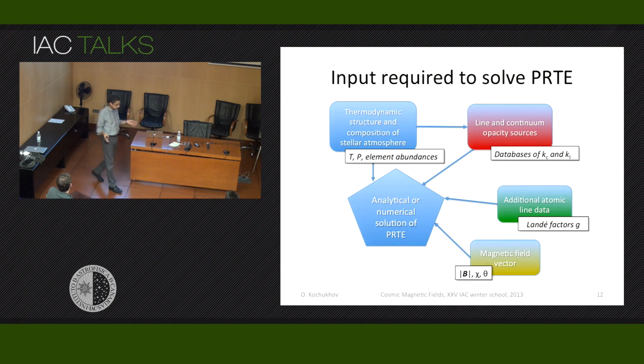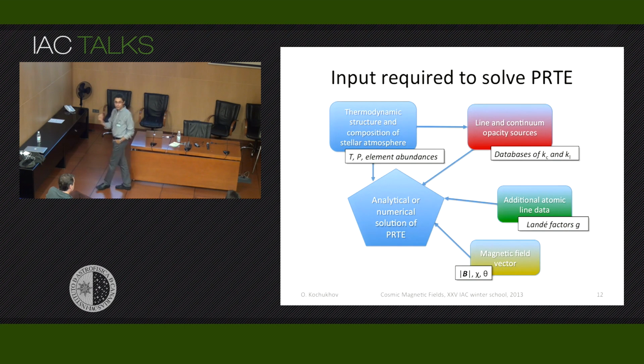Now, if we try to bring everything together and try to forget for a moment, for one slide, about formulas, what we really need to solve polarized radiative transfer equation is some input telling us about the structure of the environment, thermodynamic structure of the environment with which we're dealing, the stellar atmosphere in this case.